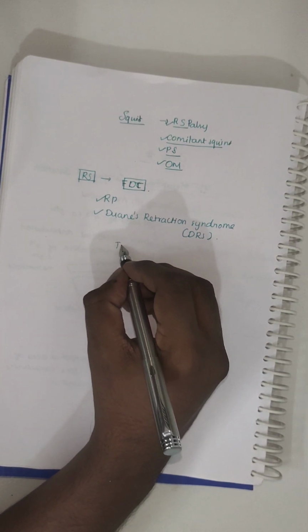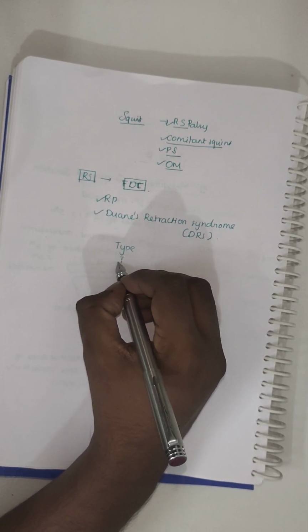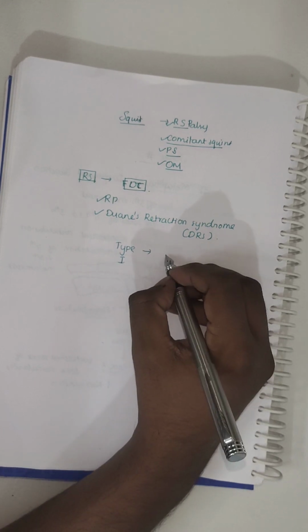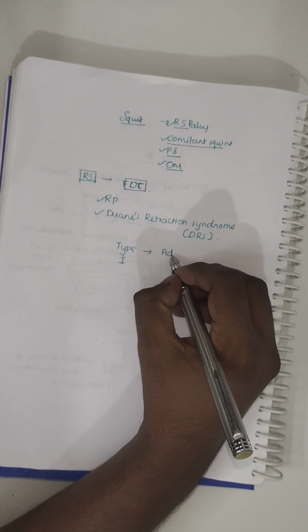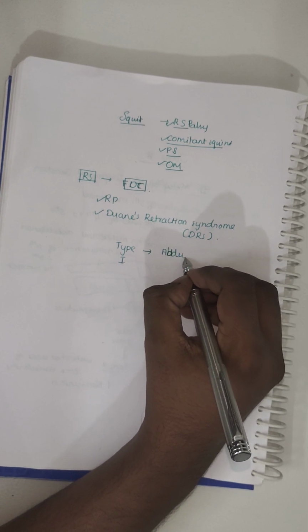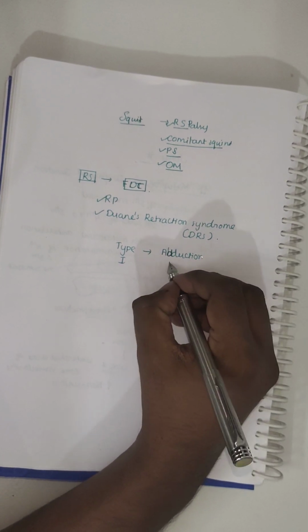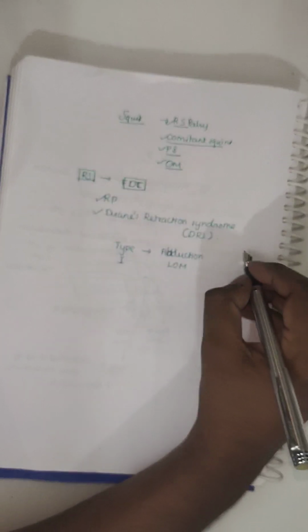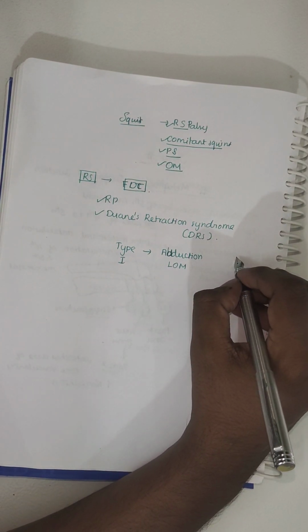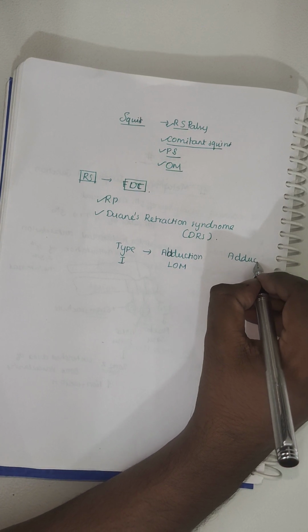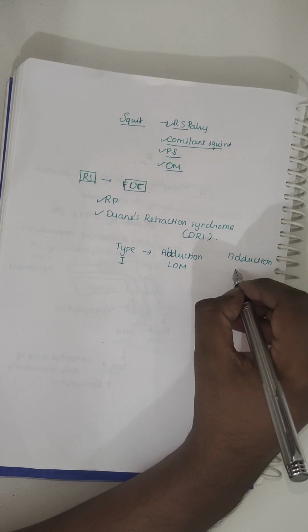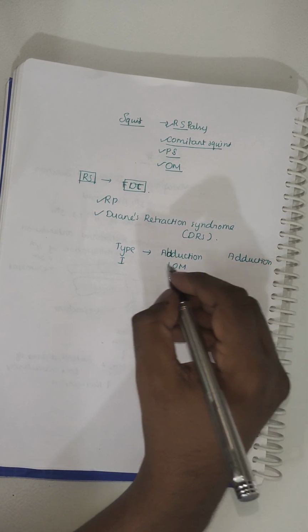In DRS type 1, there will be limitation of abduction, and retraction of the globe in adduction, with closure of the palpebral fissure.